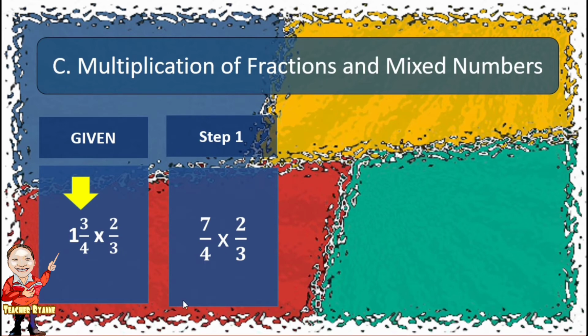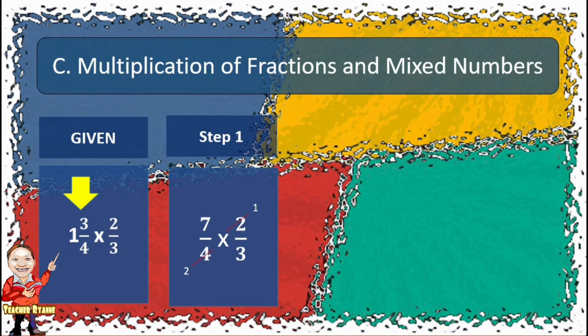If you notice, they are both fractions now, so it is easier to multiply them. Again, we will look for a common divisible across. 4 and 2 have a common divisible of 2. So 2 divided by 2 is 1 and 4 divided by 2 is 2. How about 3 and 7?